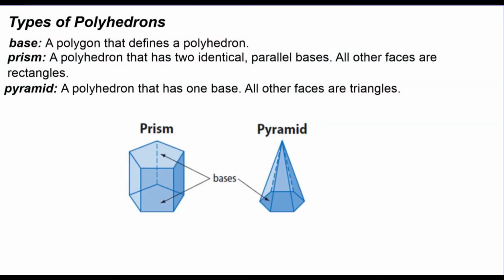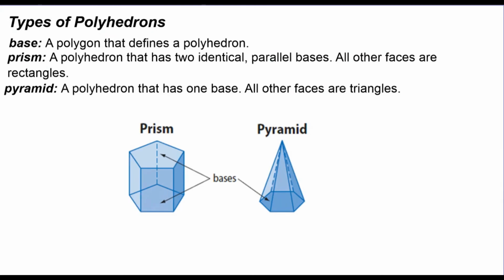So then we have types of polyhedrons. There are basically two types of polyhedron: the prism and the pyramid. These are the two basic families of polyhedrons, and both are defined by their bases. A base is the shape or the polygon that defines the polyhedron. It tells us what kind of polyhedron we're dealing with. A prism is a polyhedron that has two identical parallel bases, and all the other faces are rectangles.